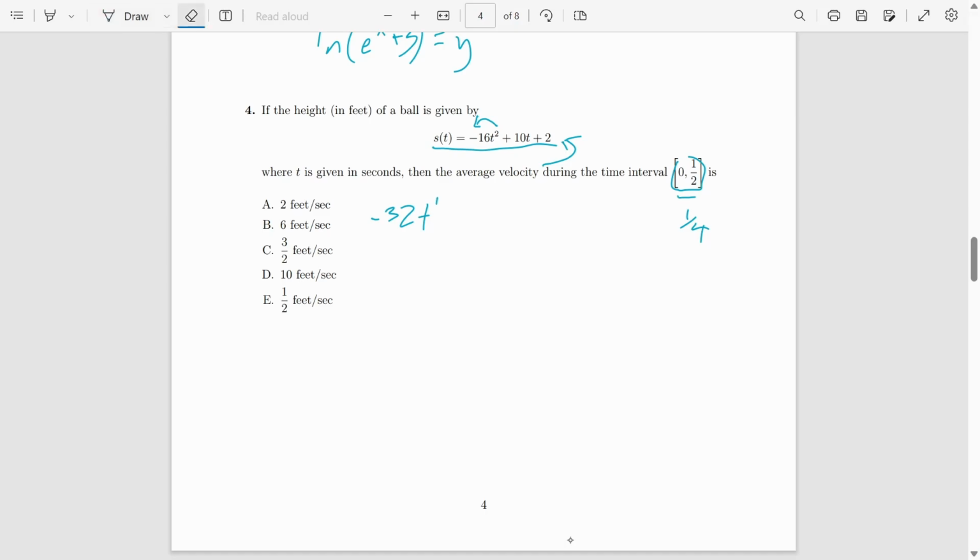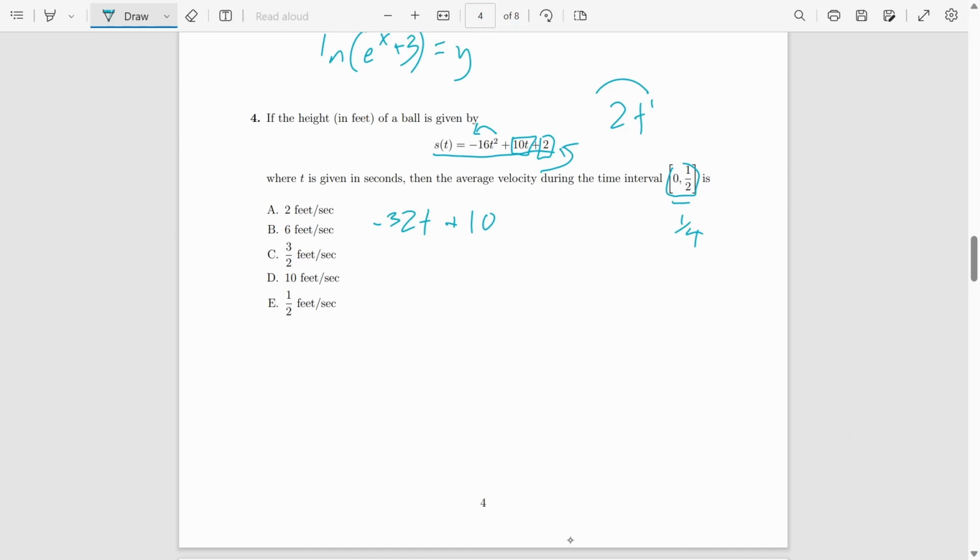So that'd just be t to the 1, and you don't need to write that. That's just t. And then plus, now we're looking at 10t, so t to the 1, take the 1 out to the front, it's still just 10. And then 1 minus 0 is 0, t to the 0 is just 1, so that becomes 10. And then this constant 2, this is basically just a 2 times t to the 1.